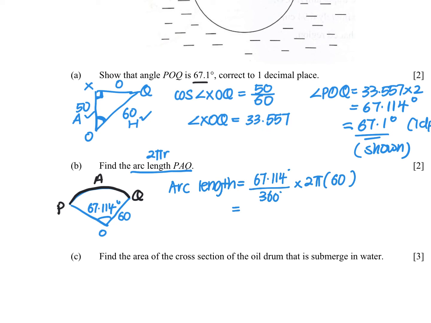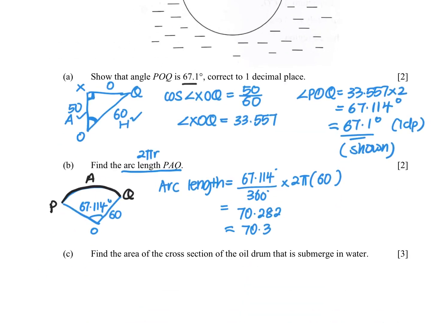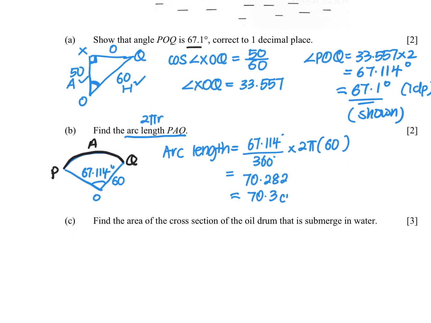Remember to round off your answer to 3 significant figures for length. I found my answer to be 70.2816, so rounded off, 70.3 cm, 3 significant figures. Have you gotten your answer?